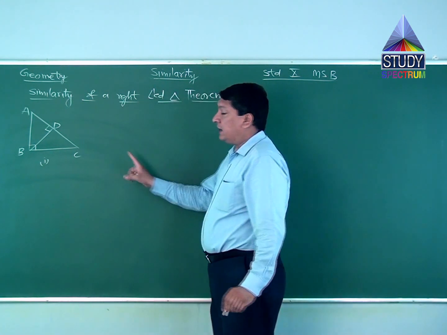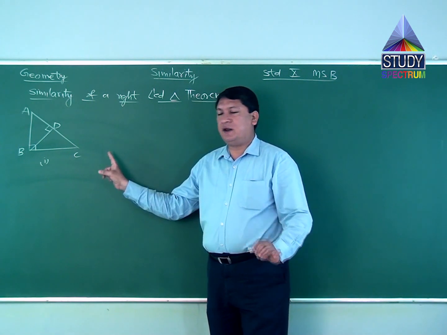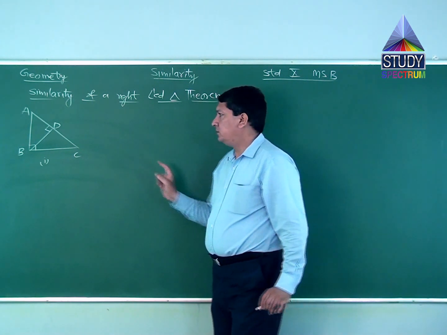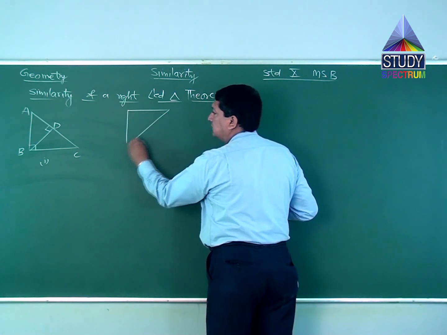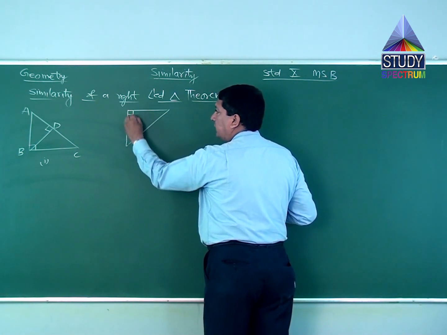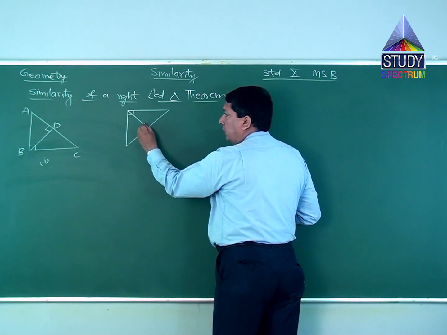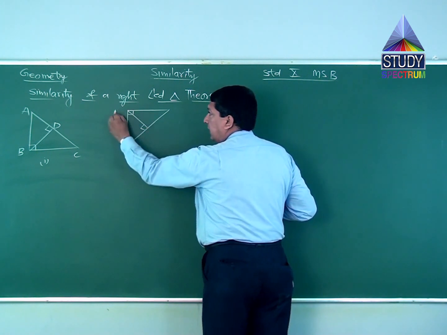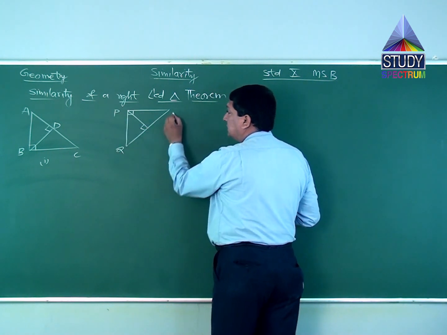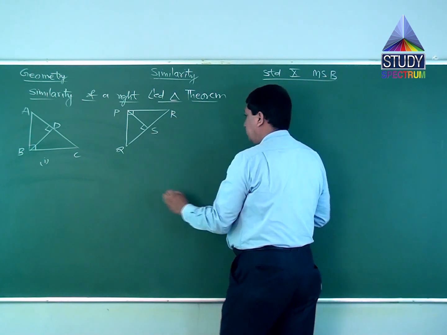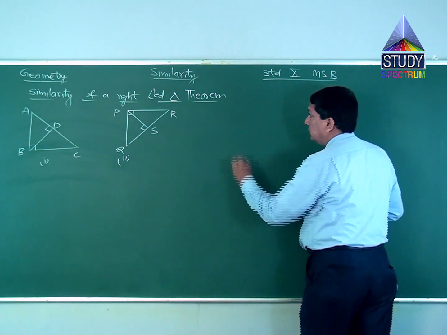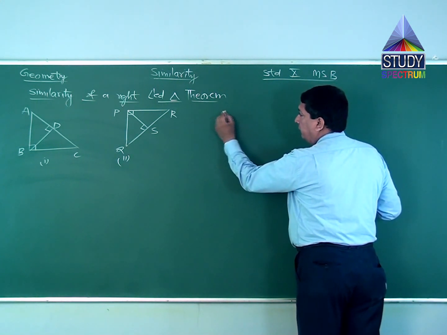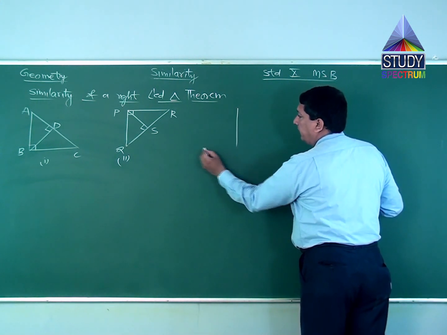Just to make sure that you understood this theorem very well, I'll complicate this now. In second case, I'll draw the triangle like this, and this is the right angle vertex. From here, perpendicular is drawn. I'll name this figure as PQRS. In the third case, further, I'll go this way.